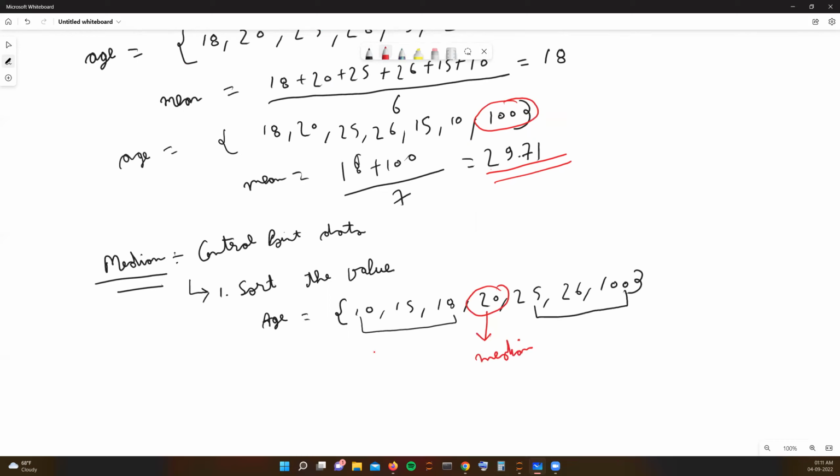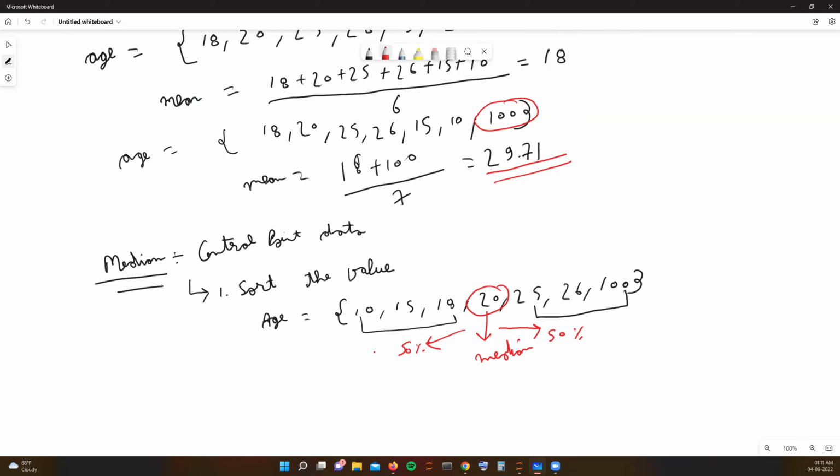The data point at the central point means 50% of the data is lesser than this point and 50% is more than this point. In this way, you can calculate your median. Your central element will be the median.